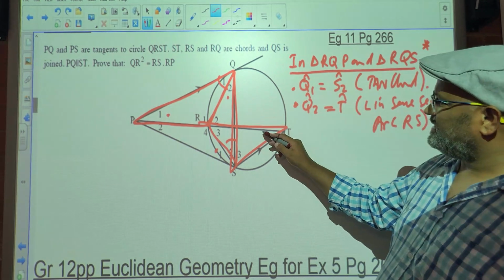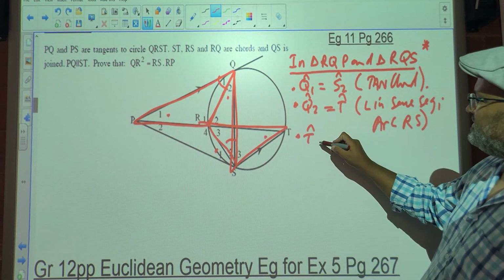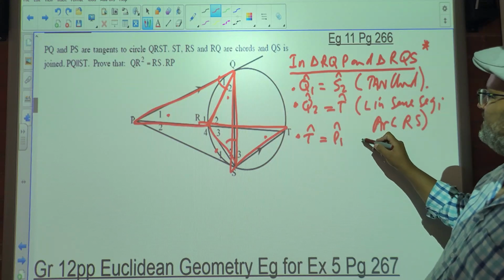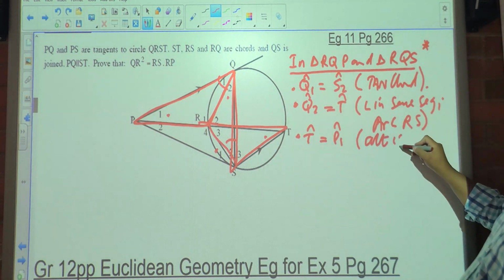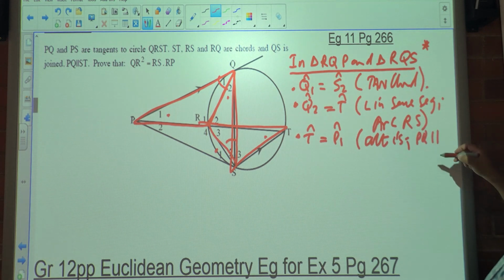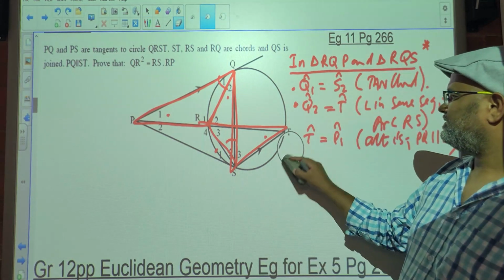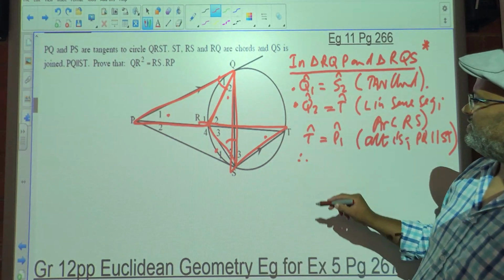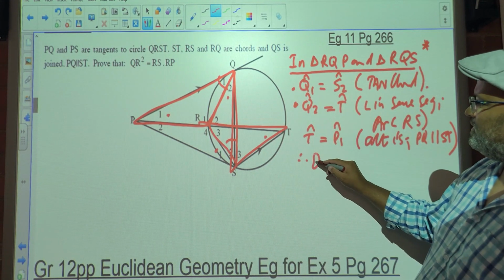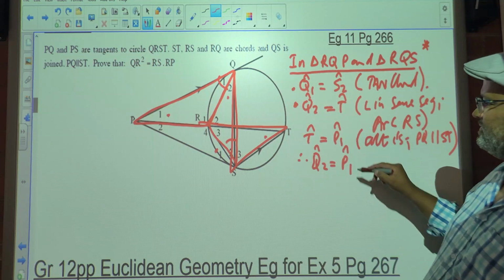So angle T is equal to angle P1. Why? Alternate angles with PQ being parallel to ST. Okay? So therefore, angle Q2 is equal to angle P1.